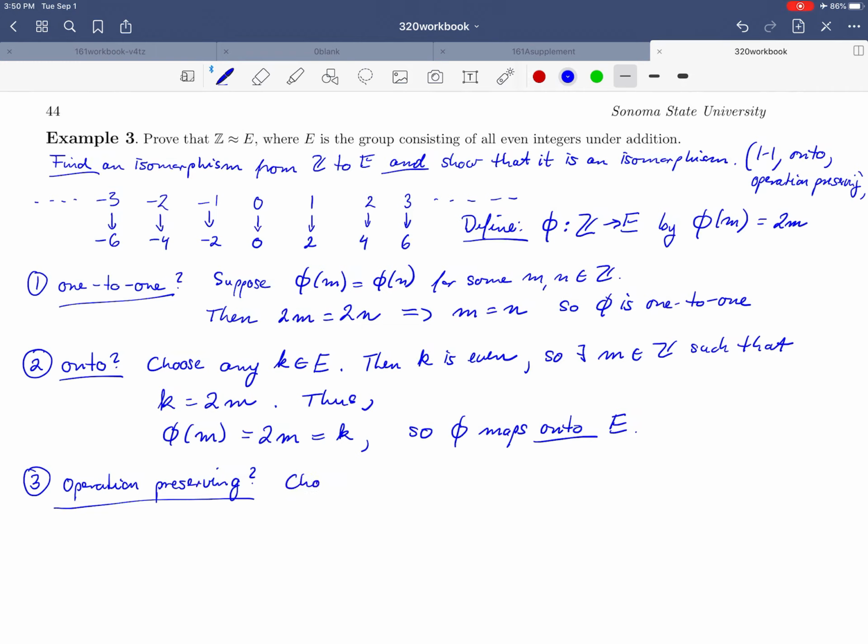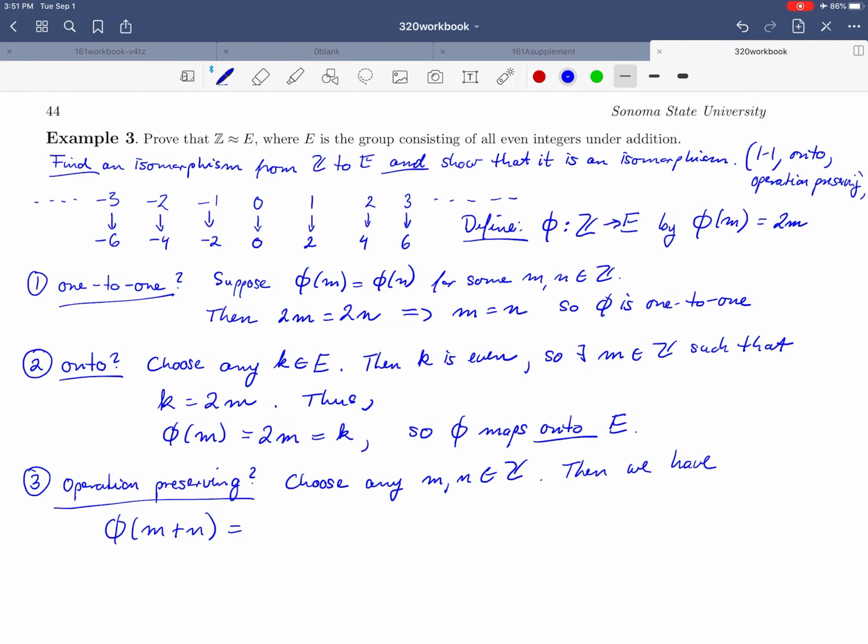So choose any m and n in Z. Okay, so then what do we have? So if we look at phi of m plus n, so remember addition is our group operation right here, then what is that? So we apply phi to the element m plus n, which is in Z.